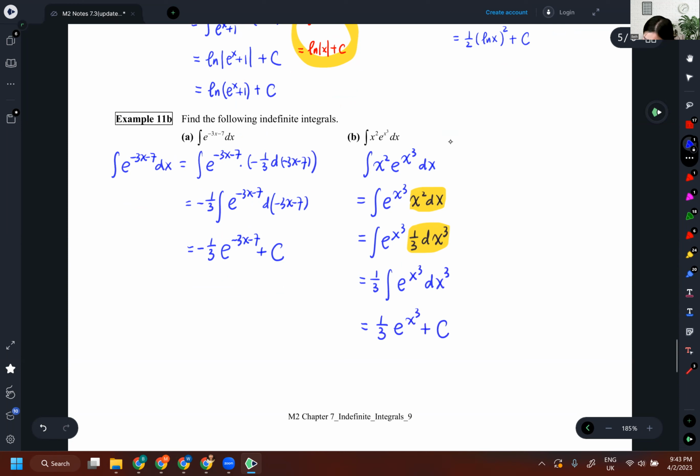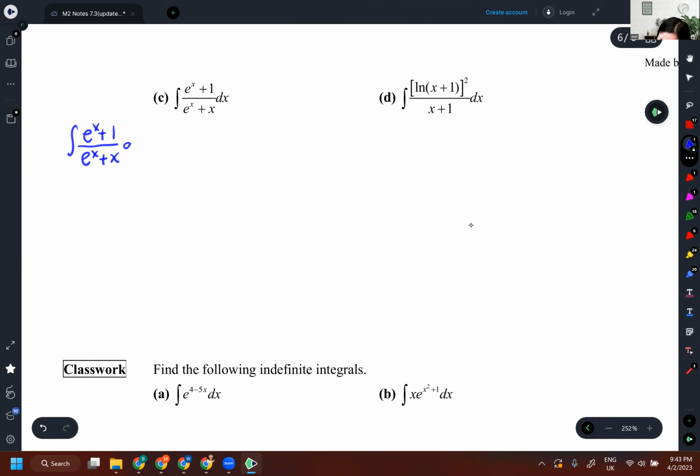The integral of (e^x + 1) / (e^x + x) dx equals, this is (e^x + 1) dx over (e^x + x). This one is d(e^x + x). Isn't it?